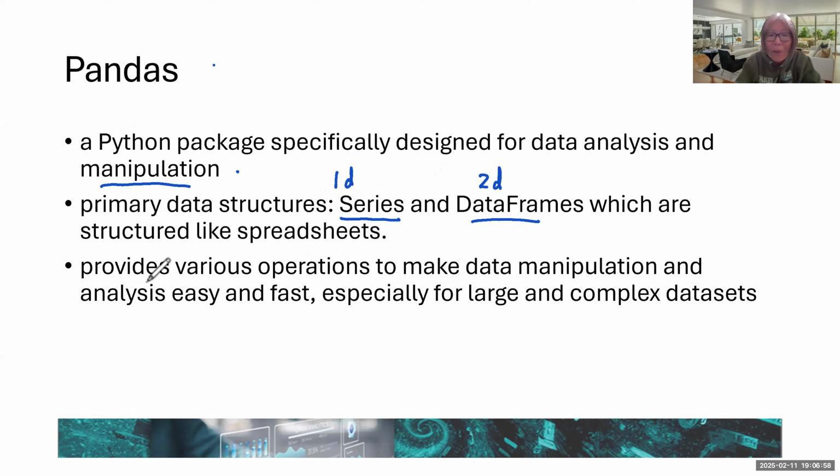And Pandas also supports various operations, including customized operations. Okay, today we will also see a little bit, so that it makes data manipulation and analysis easy and also fast here. Okay, especially for large and complex data sets.